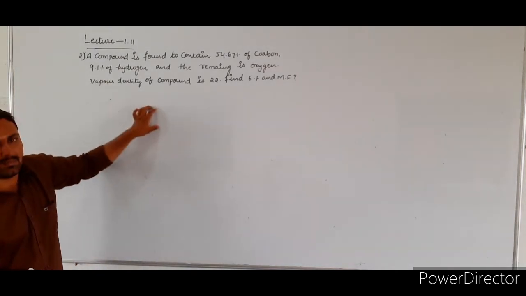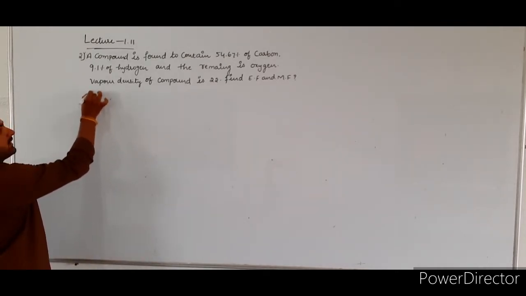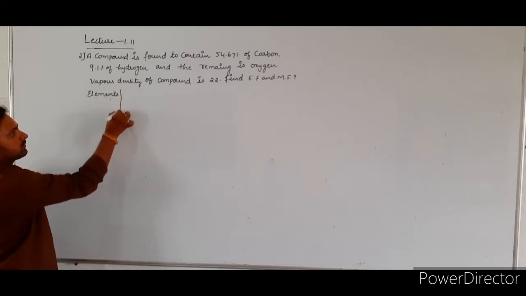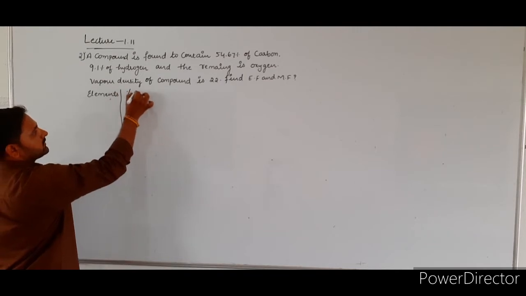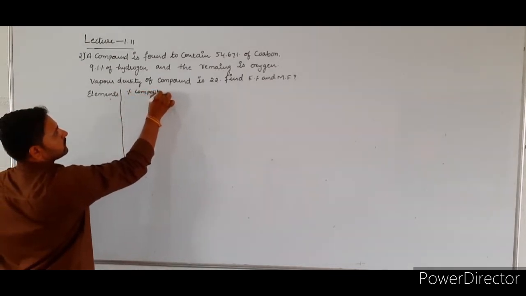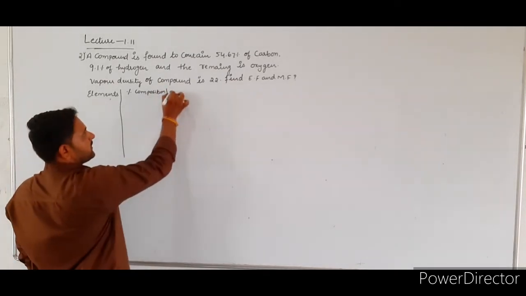Write a tabular column. In the first column we have to write elements. In the second column we write percentage composition. In the third column you write atomic mass.